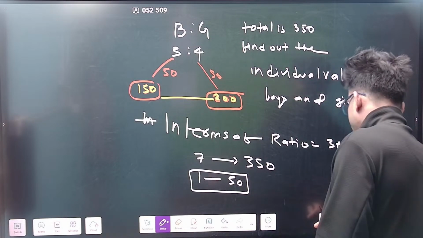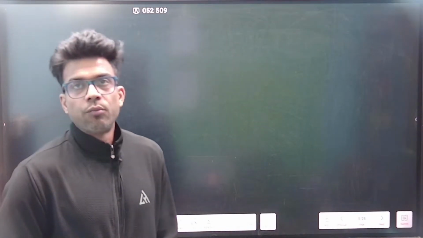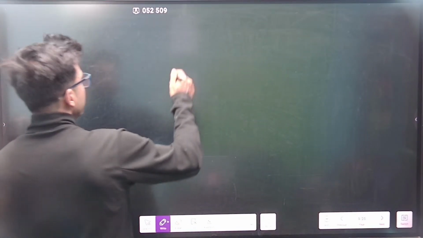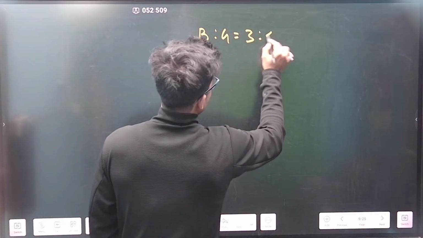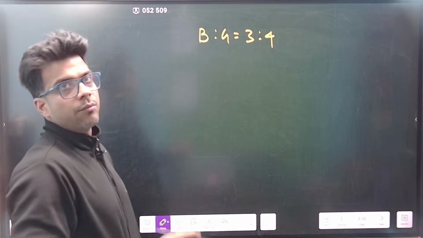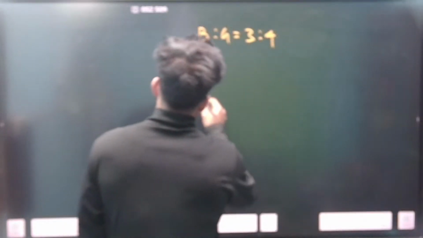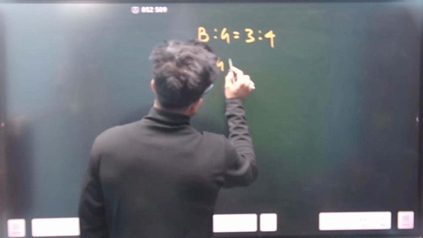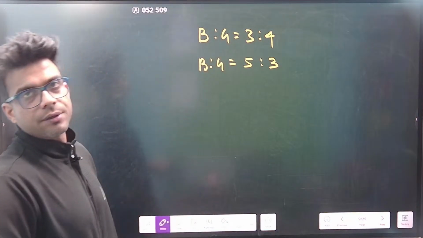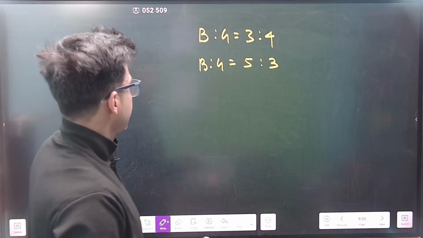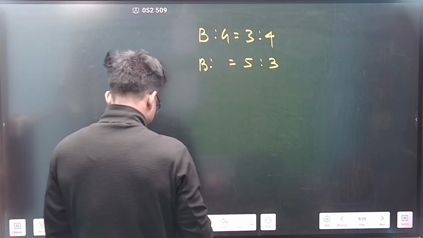Next, suppose the ratio of boys to girls is given to me as 3:4. I saw this many a time, 3:4, and boys to children is given to me as 5:3.